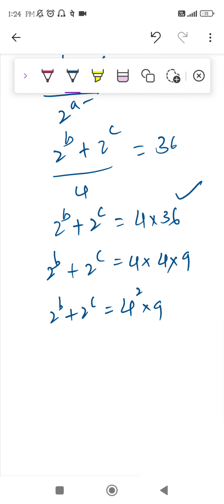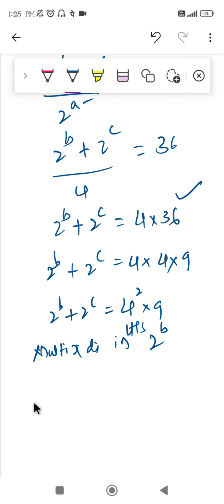And now multiply and divide in LHS by 2 to the power of b, as we have previously taken 2 to the power of a, dividing and multiplying LHS by 2 to the power of a.